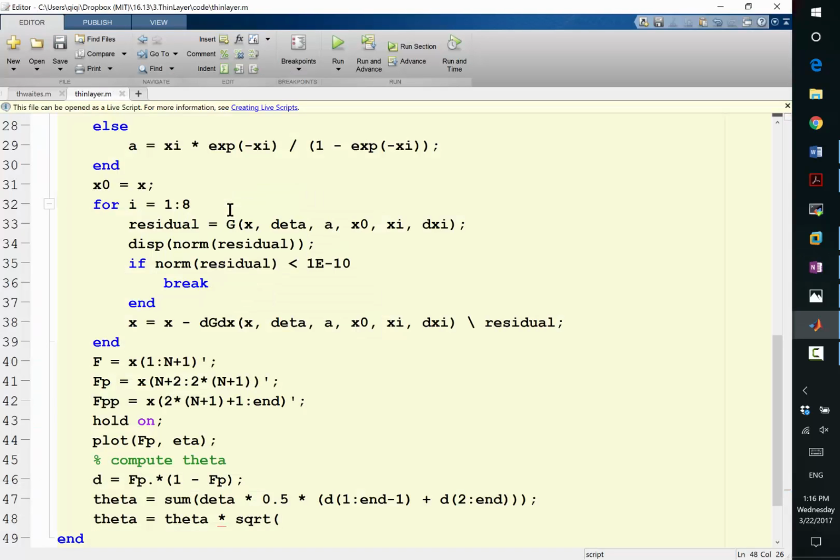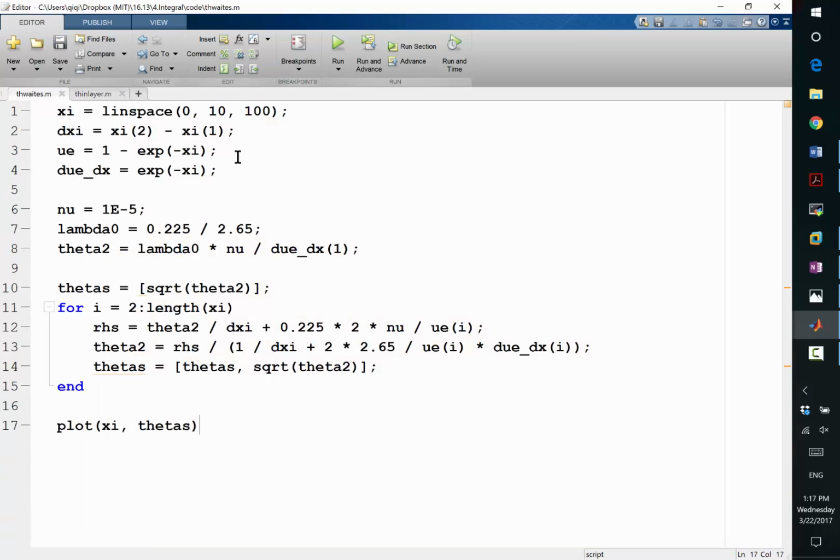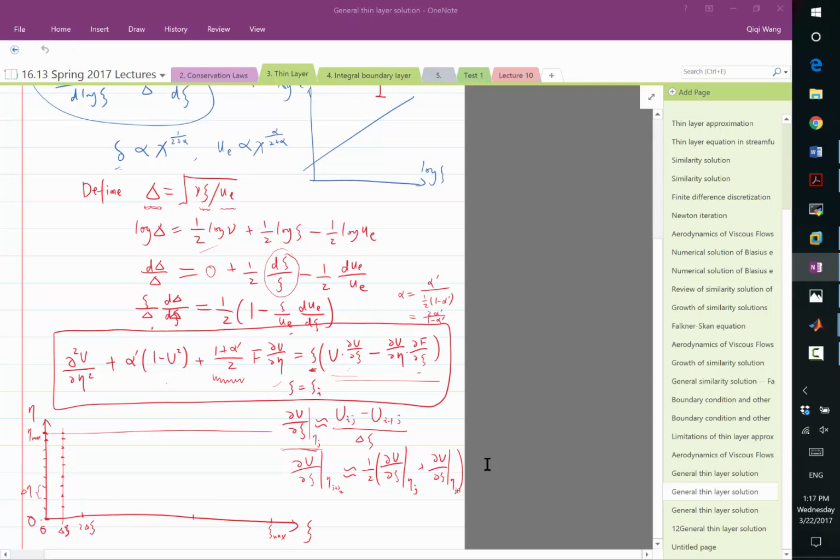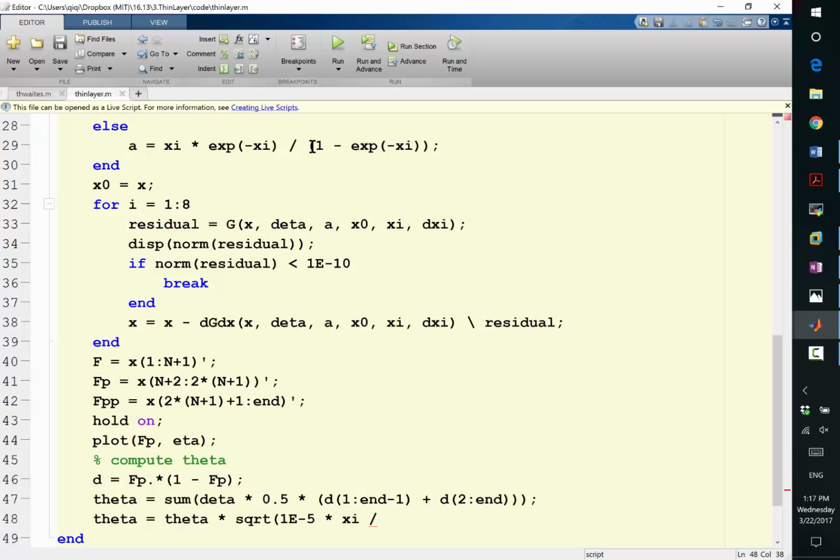Actually, in this equation, we didn't have any sense of nu because it's already non-dimensionalized, so let's keep it consistent. 10 to the minus 5 is what we used in Thwaites, I think. Right, okay. Times c, so c is already a variable. Divide by ue. Ue is this guy right here. So let's put in this ue.